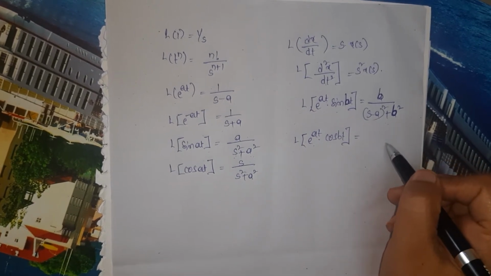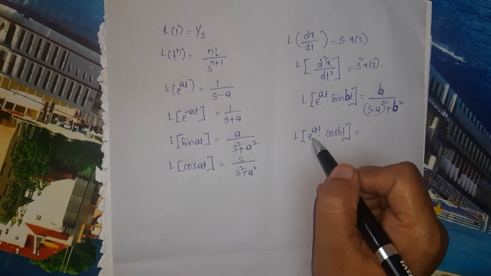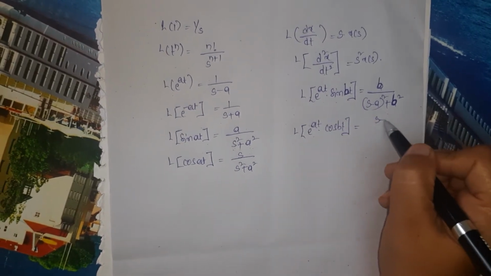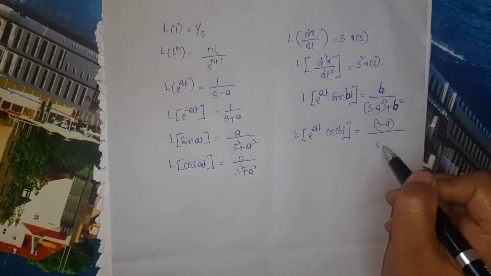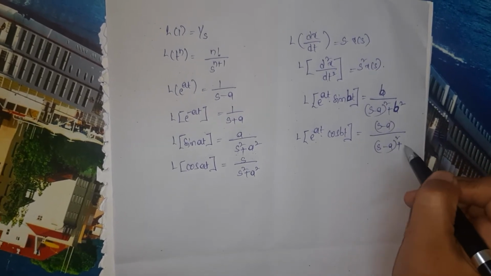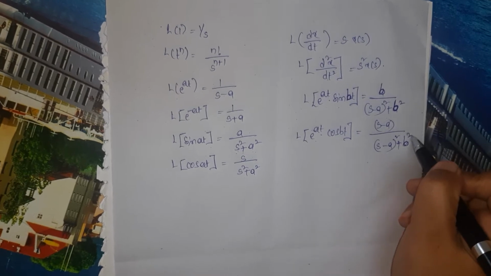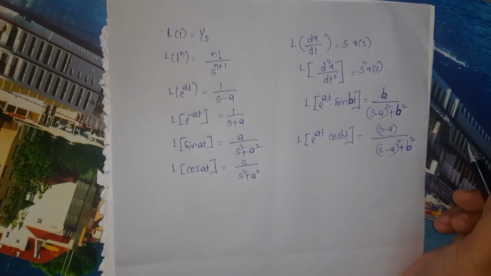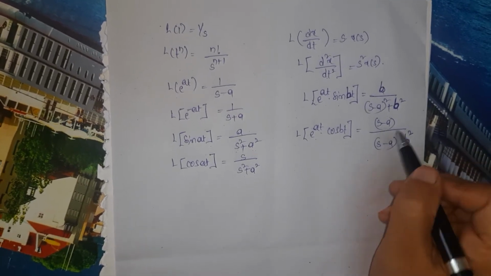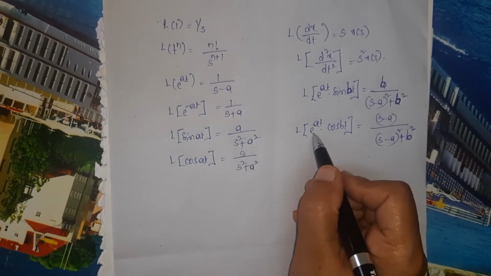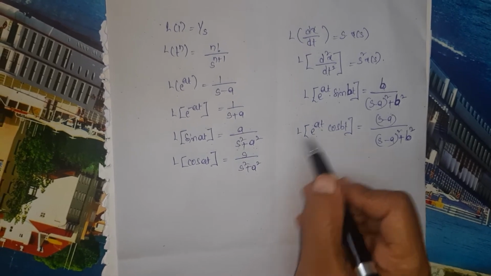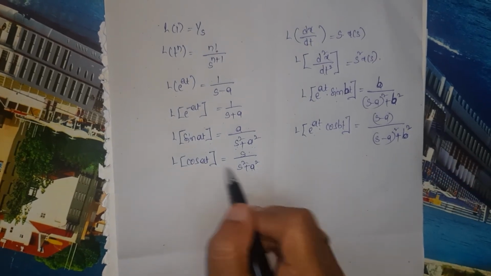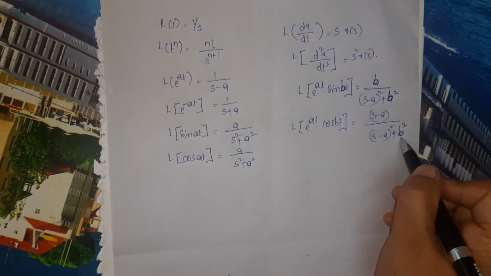S by s square plus b square, and you have to replace s with s minus a. So it is s minus a by s minus a whole square plus b square. Wherever you have s, it is replaced with s minus a. Actually here we have a and here we have b, that's why b square.